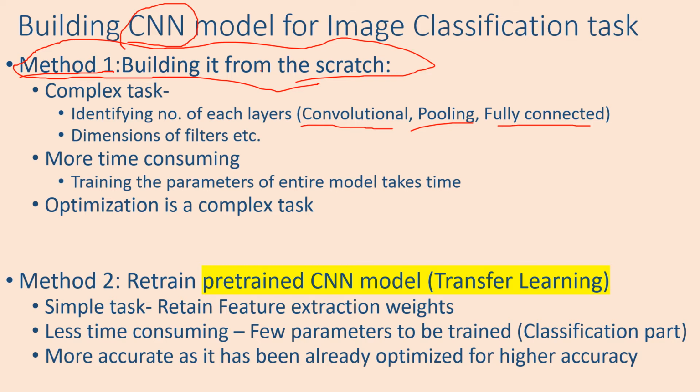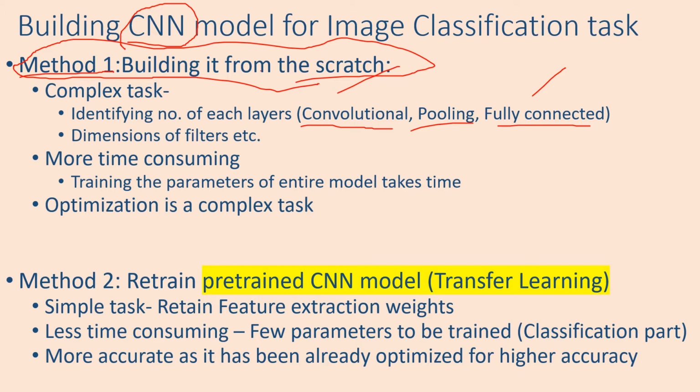The second thing is you will have to train all these layers so that their weights will be optimized for the given task. The convolution layers and fully connected layers will have some parameters, some coefficients. These coefficient values have to be computed during the training process.